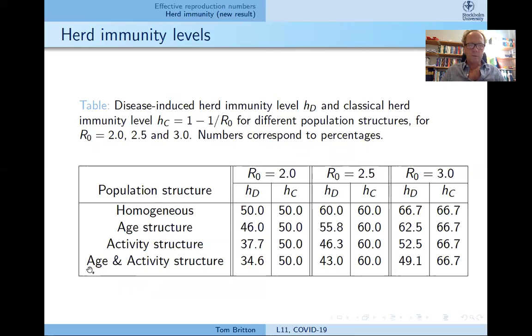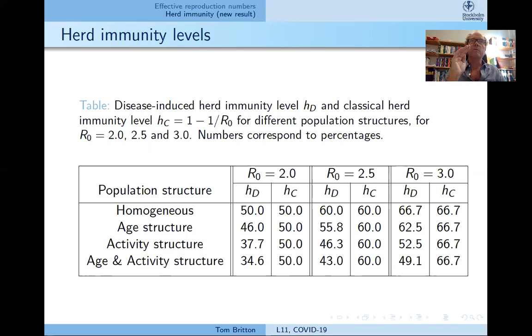Whereas if we take the situation where we both have age groups and activity structure, then the disease-induced herd immunity level is 43%. So this means that if we reduce preventive measures such that if we did nothing, we would have more than 60% getting infected.